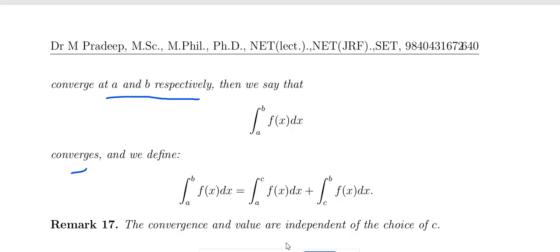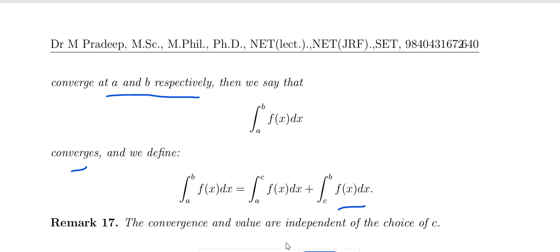Okay, so define the integral A to B f of x dx as the integral A to C f of x dx plus integral C to B f of x dx அப்படின்னு எழுதலாம்.